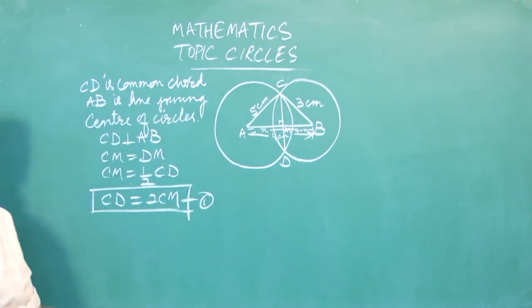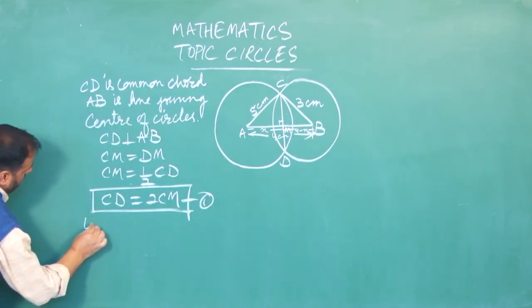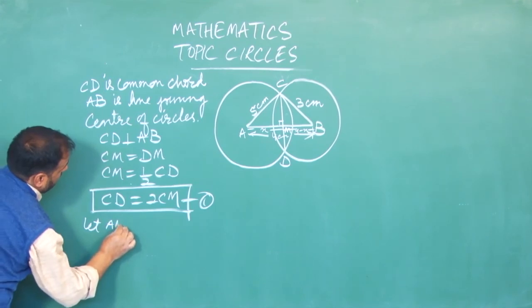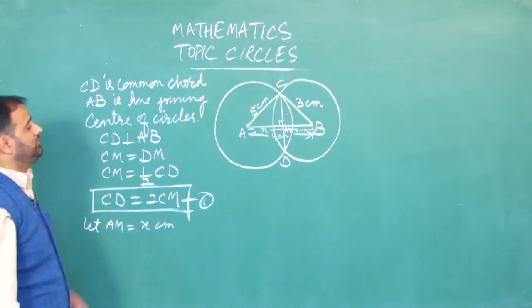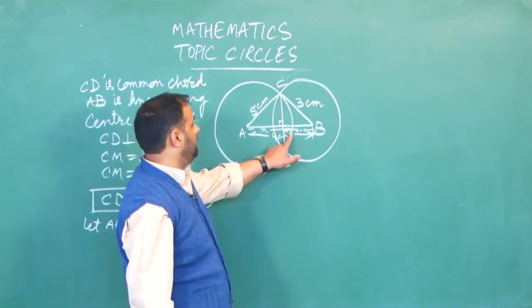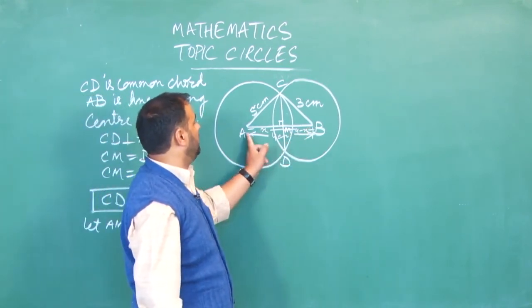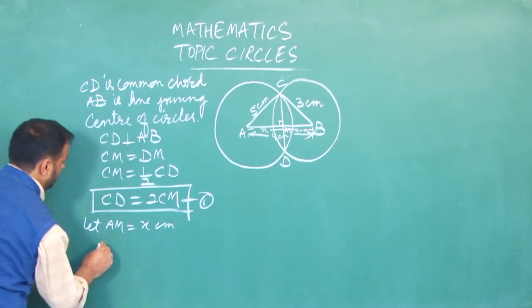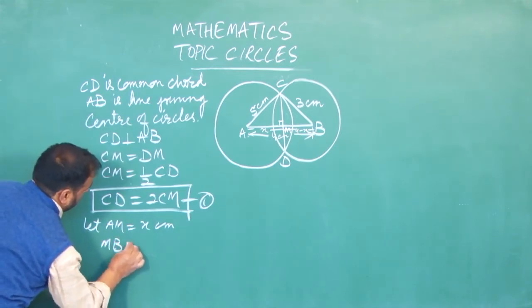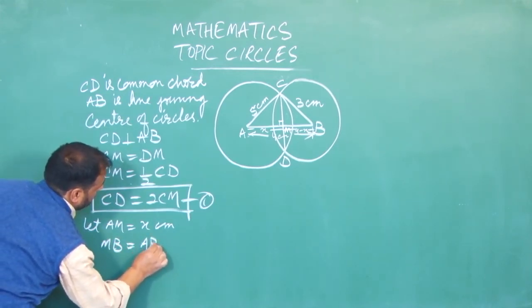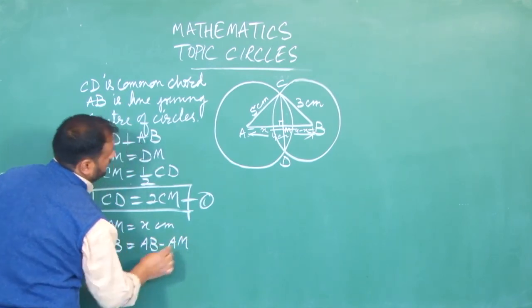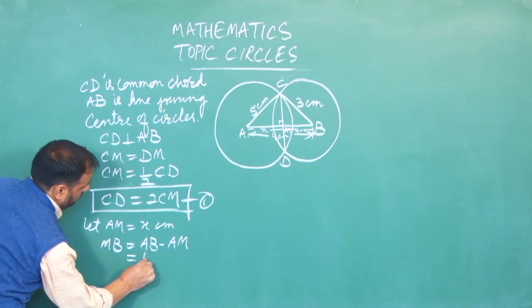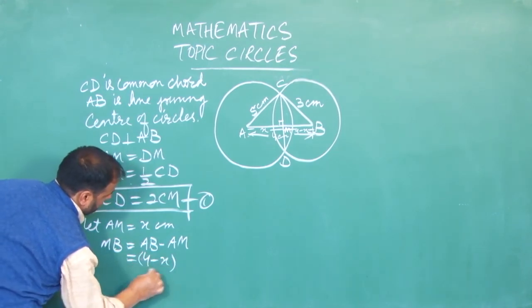Let AM be x centimeters, because AB is 4 centimeters, and MB will be AB minus AM. If we take the whole line segment AB and subtract AM from it, we get BM. So, BM will be 4 minus x centimeters.